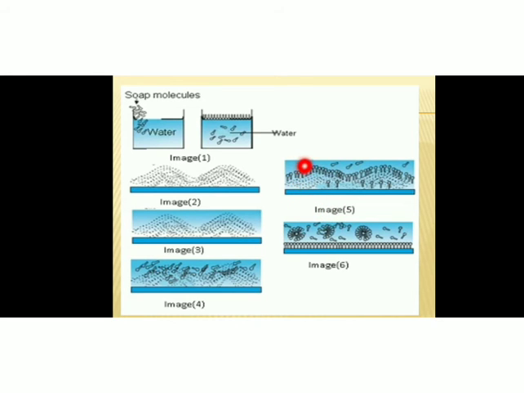Head is attracted towards the water and the tail is attracted towards the dirt. Finally, the dirt is surrounded by the soap molecules, which detach the dirt from the clothes and carry it away. Thus adding detergents helps us remove tough stains from clothes because it decreases the surface tension of the water.